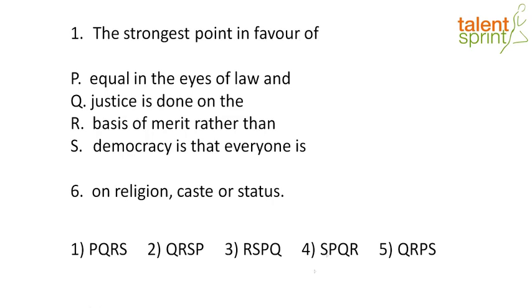S. So that would be option 4, right? The strongest point in favor of democracy is that everyone is equal in the eyes of law, and justice is done on the basis of merit rather than on religion, caste, or status. Do you see that? For patterns like this, it's pretty simple. Identify the subject, identify the action, connect and create the remainder of the sentence. Let's look at one more.